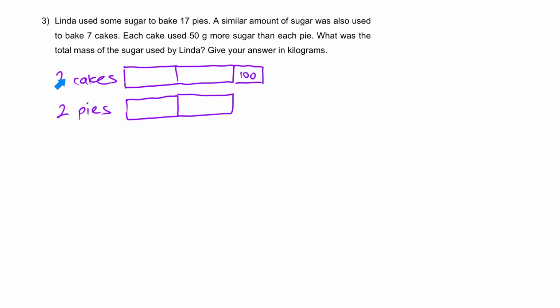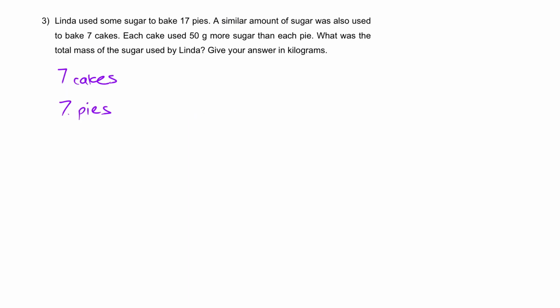What would the model look like for 3 cakes, 3 pies, all the way until 7 cakes and 7 pies? Let's change the model into 7 cakes and 7 pies. I'm going to condense the model to save some space.